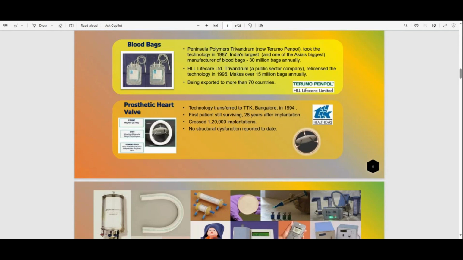Anyway, these are the blood bags and Chitra heart valves, with technologies developed at our institute, marketed and successfully commercialized. Nowadays they are being exported. The blood bags are exported to more than 70 countries, and almost 1,20,000 prosthetic heart valve implantations are already done.